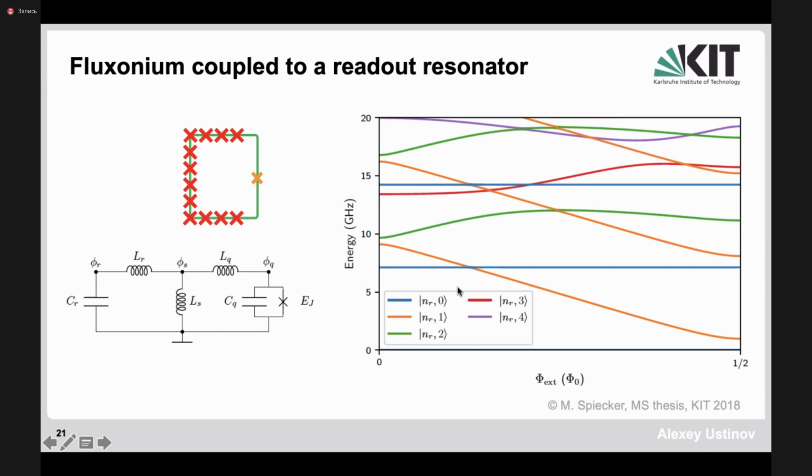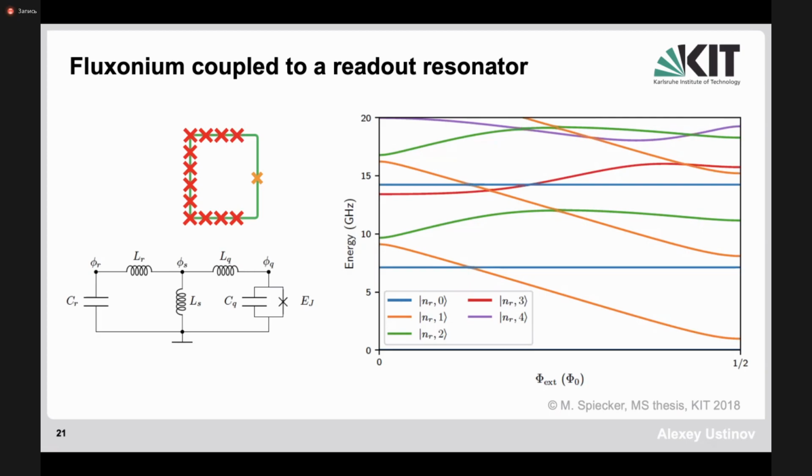Once you have the qubit, then you will have this state here where you have one excitation in the qubit and multiple photons in the resonator. And you see that it has also the orange line going above. This is a so-called dressed state. So by coupling the cavity to the qubit, you form the dressed ladder where you have basically the qubit states scaled up by different energy levels in the harmonic oscillator.